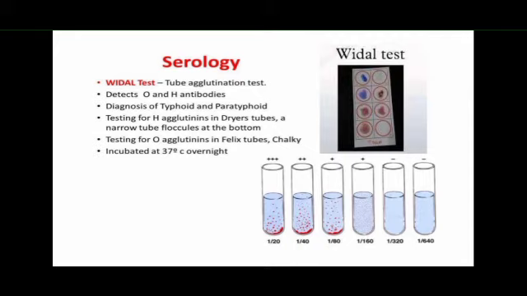So if we observe the actual Widal test, as we have already discussed in the previous slide, there are two sets of antigens used for serotyping detection for typhoid fever, which include the somatic or O antigen, which contains a long polysaccharide chain and is heat stable, and the flagella or H antigen.